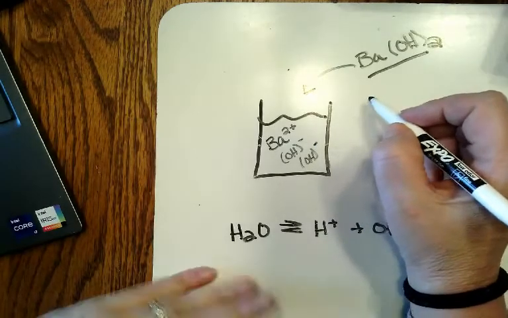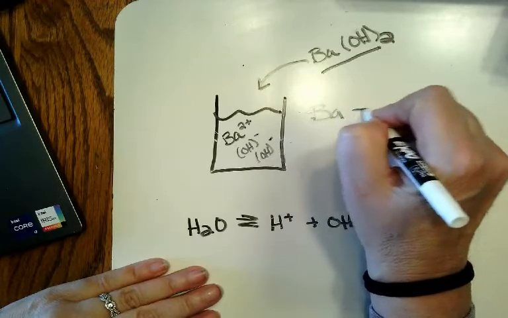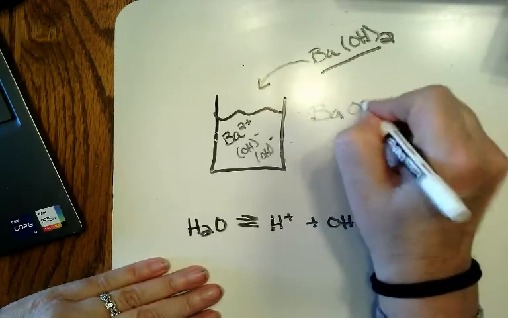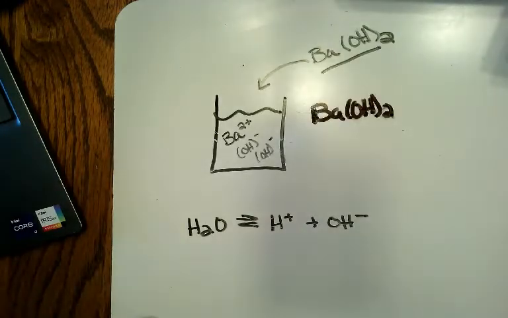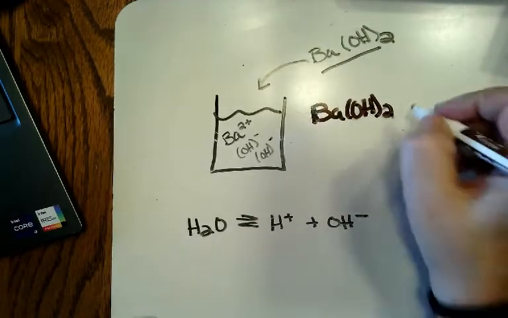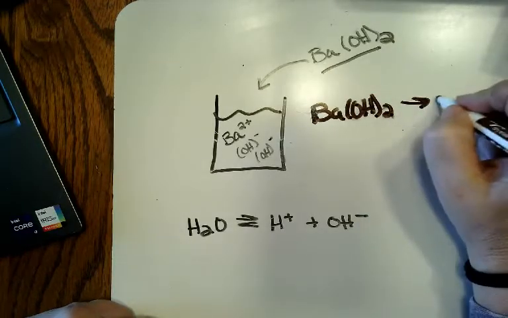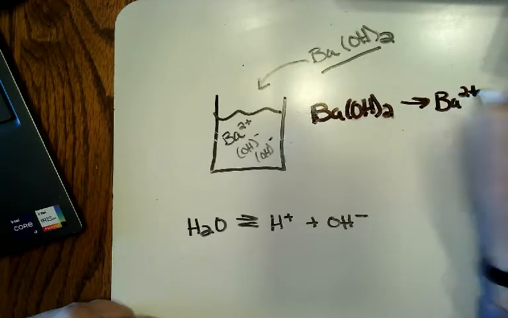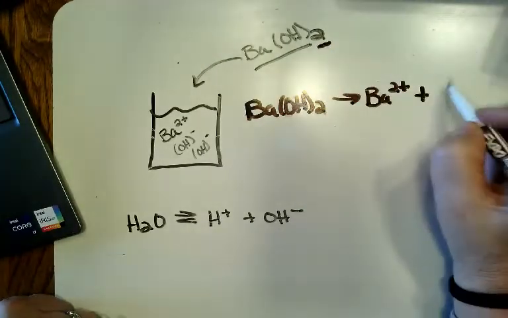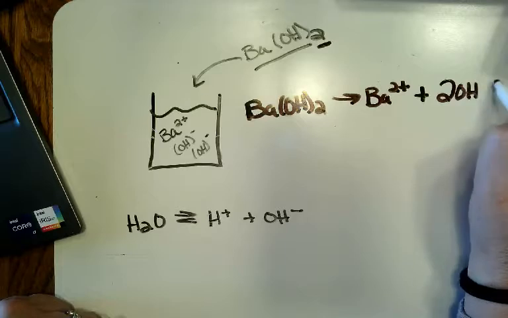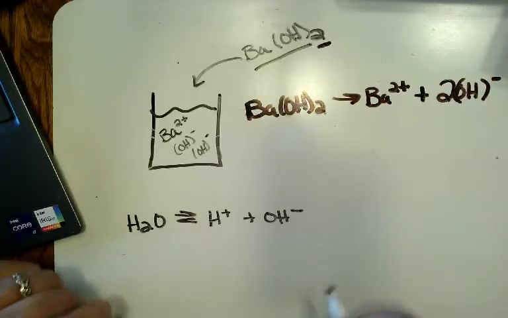If I wrote the dissociation equation, barium hydroxide is going to break apart into a barium ion with a 2+ charge, and notice there are two hydroxide ions, two OH minuses.